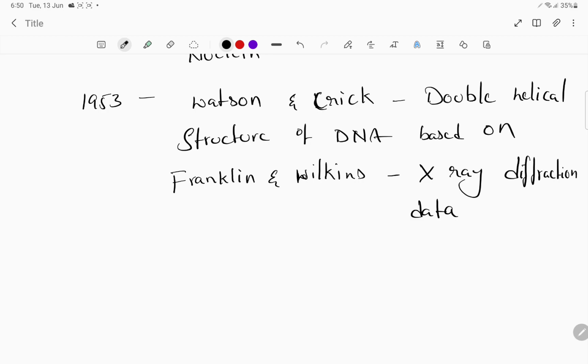So they proposed the double helical structure. So in a nucleosome, we have 200 base pairs of DNA. This we have to remember, the number.